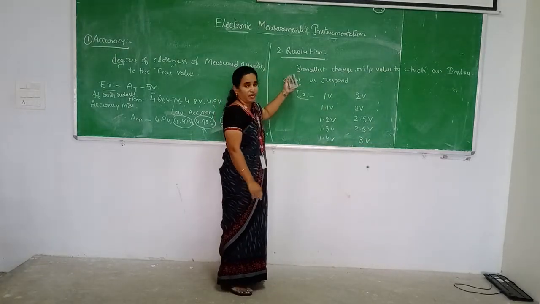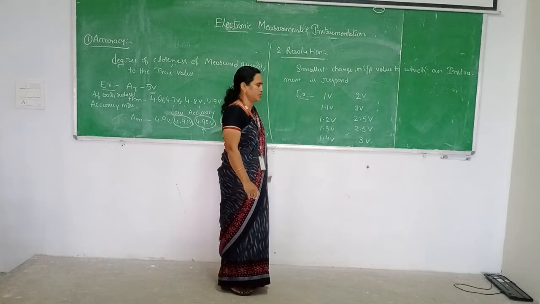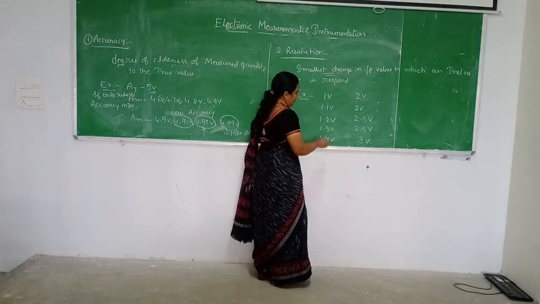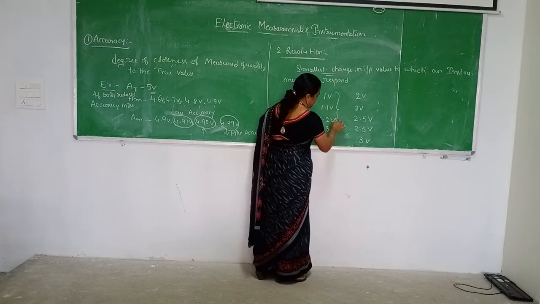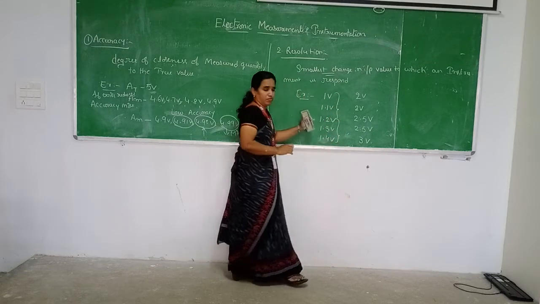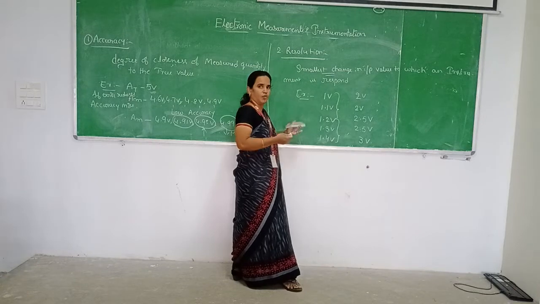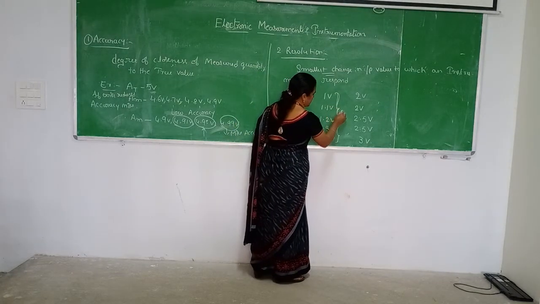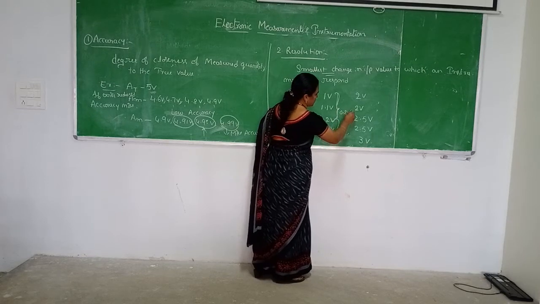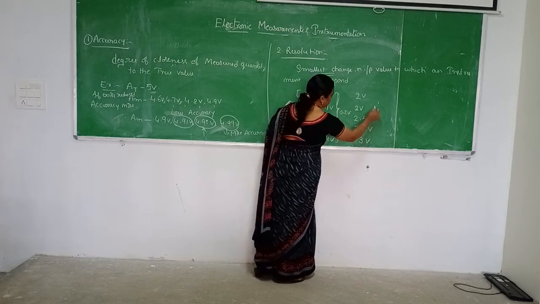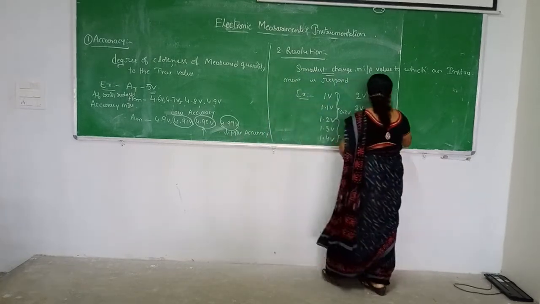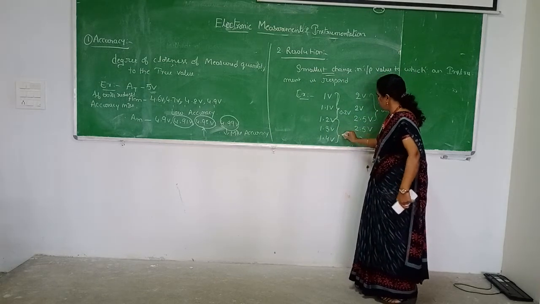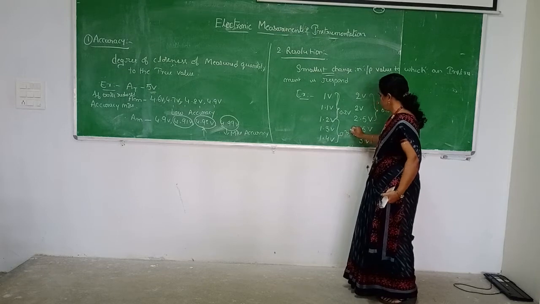Here I am justifying the definition of resolution. Here the smallest change in applied voltage that changes the output voltage is 0.2 volts, and the output voltage change is 0.5. So we observe the change is 0.2 volts.